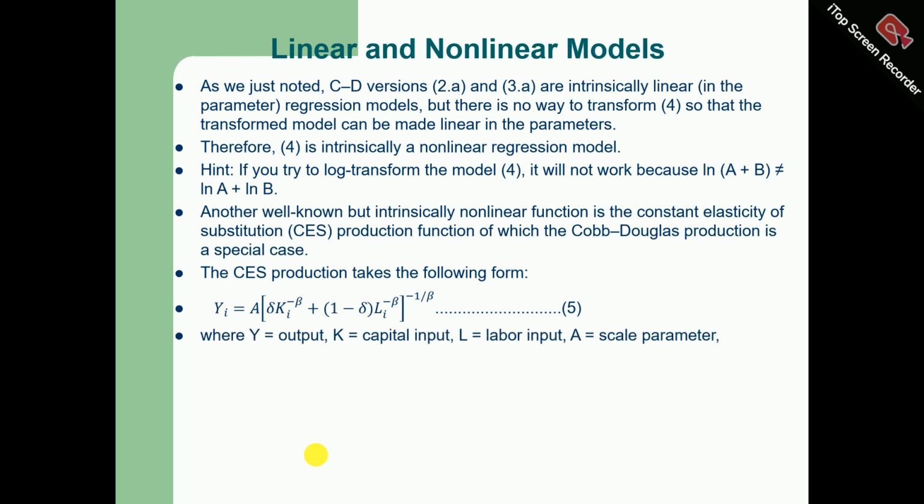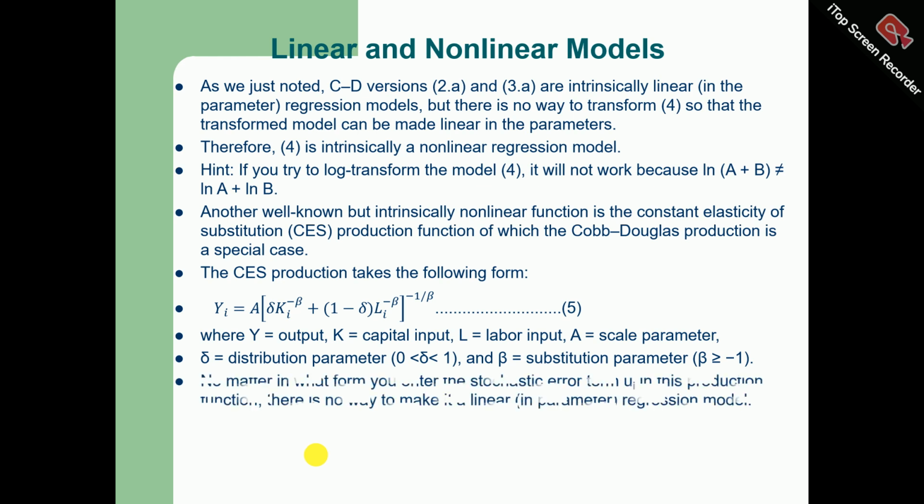And in this function, y is the output, k is the capital input, and l is the labor input, A is the scale parameter or efficiency parameter, sigma is the distribution parameter, beta is the substitution parameter. No matter in what form you enter the stochastic error term ui in this production function, there is no way to make it a linear in parameter regression model.